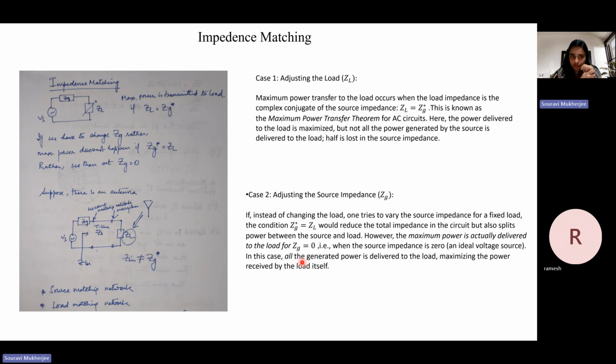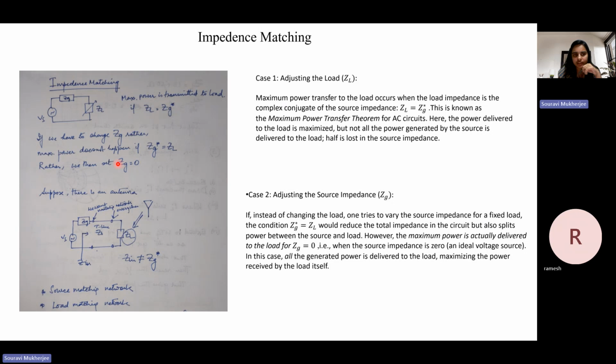Now, why impedance matching is so important is that if you have proper matching of impedances, you can achieve maximum power transfer. There are two ways.